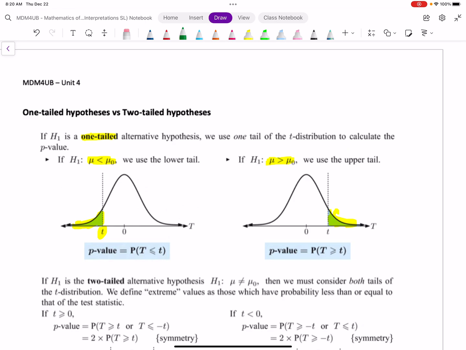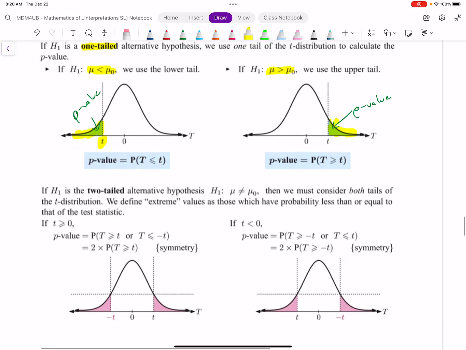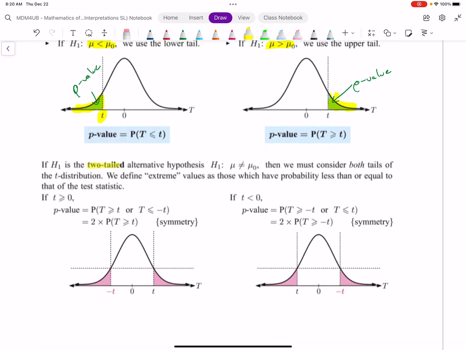And like we saw before, this is going to tell me the probability, and it's going to tell me what the p-value is based on where that t-value is located, which ultimately tells me whether or not I'm going to accept or reject the null hypothesis. And if you do happen to read something that says one-tailed versus two-tailed, two-tailed means it could be on either side.